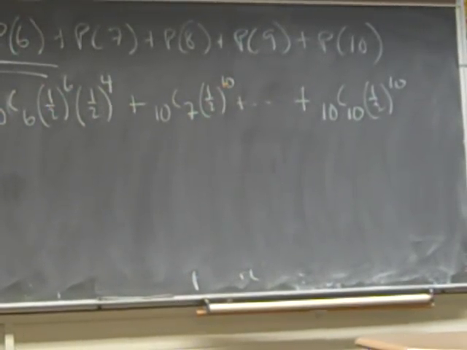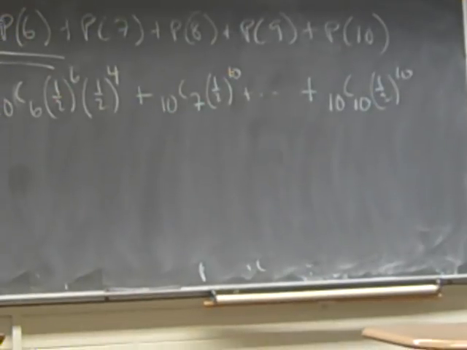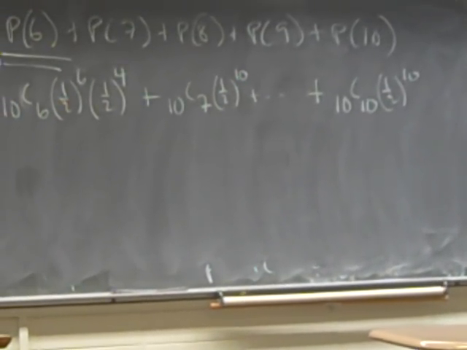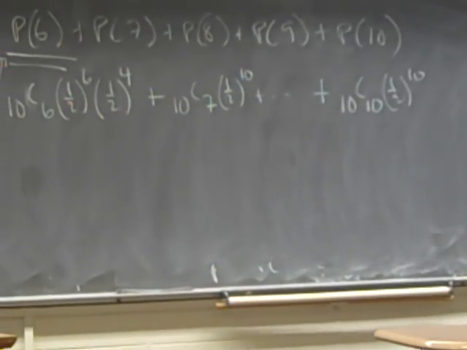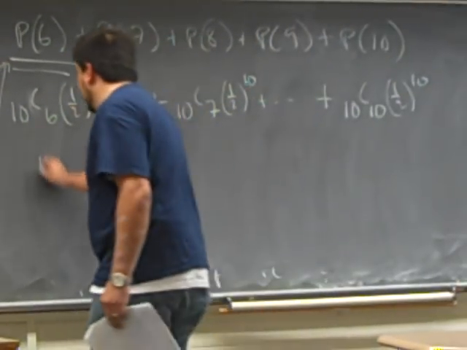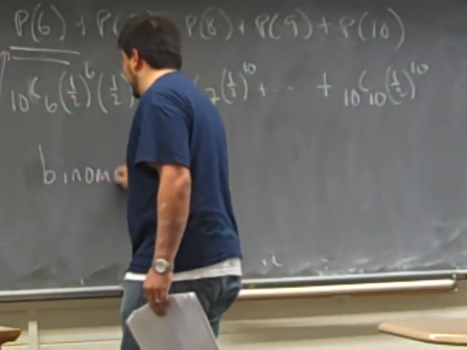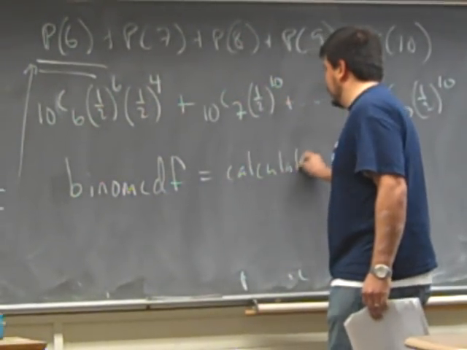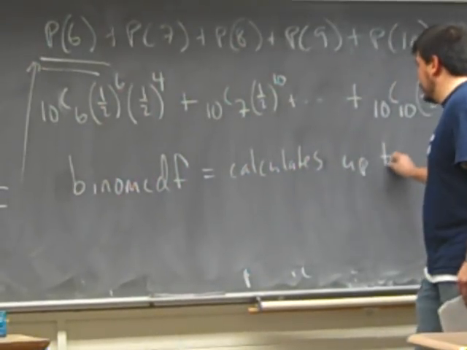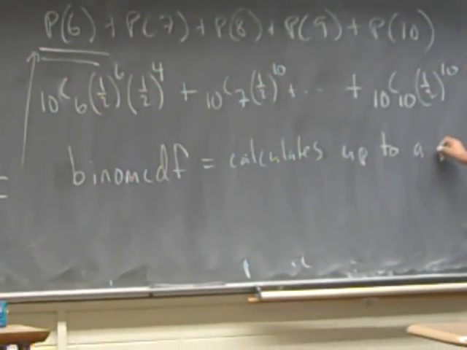Okay, so you can do it that way. It's not horrible, but it's kind of tedious. It'll take a minute. It's just going to take some time to actually calculate it. Okay? Now, on the calculator, binom CDF calculates up to a certain number of trials.